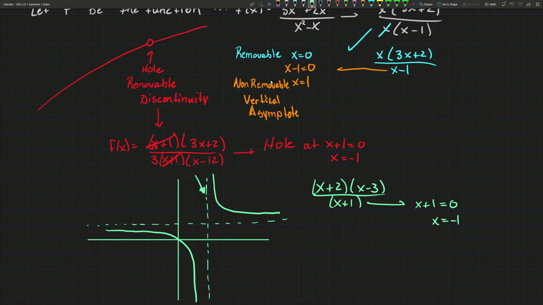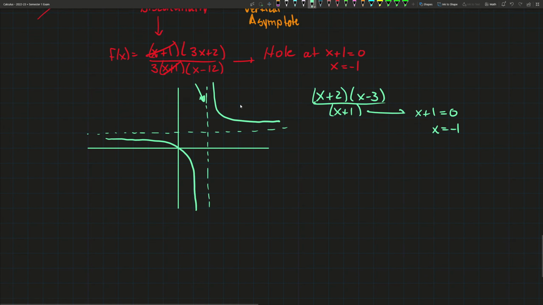Going on to other discontinuities, which gets to Smith's question. So this is a vertical asymptote. This is non-removable.